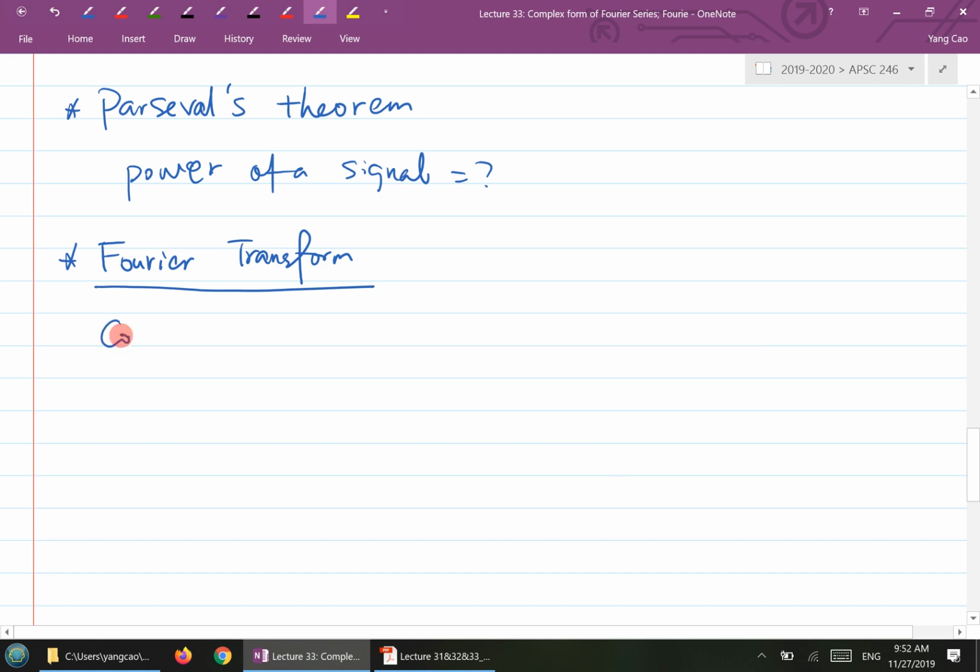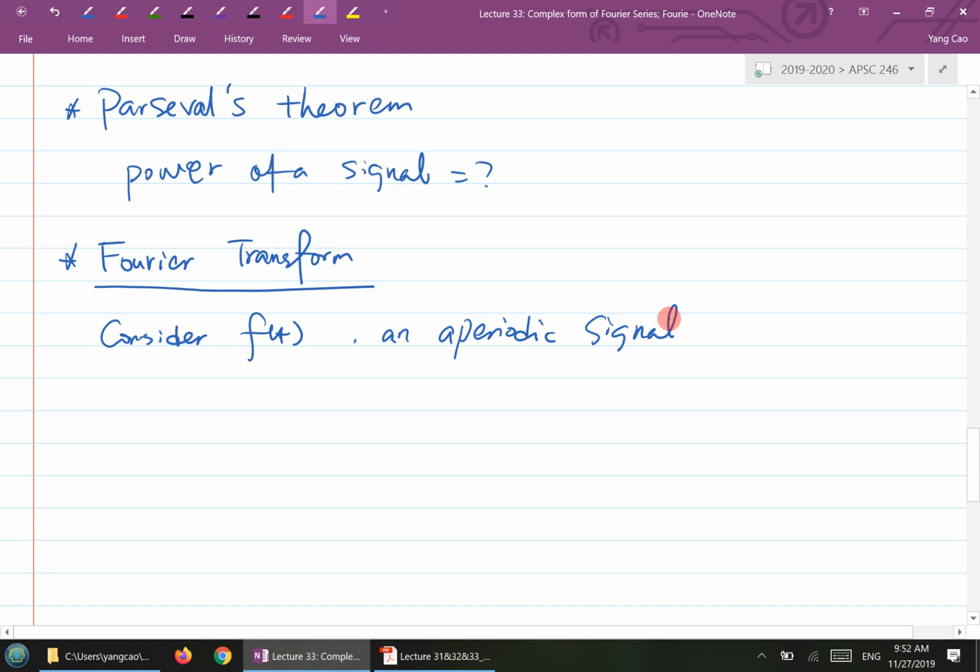So let's consider f of t. In this case, f of t is an aperiodic signal. Aperiodic basically is non-periodic. It's not a periodic function. So this is different now.